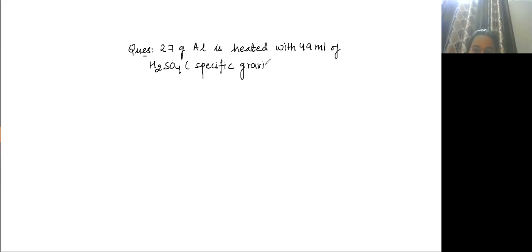27 gram aluminium is heated with 49 ml of H2SO4, specific gravity is 2, produces H2 gas.